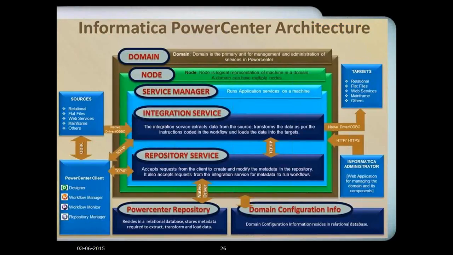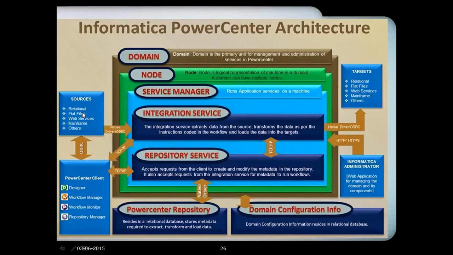See, this is the architecture for Informatica PowerCenter. In this page itself, you will learn most things: how the Informatica ETL tool works, what the major motto is, and what the internal process for Informatica working is. Here, on the left hand side, you will see a box with the name sources, right?